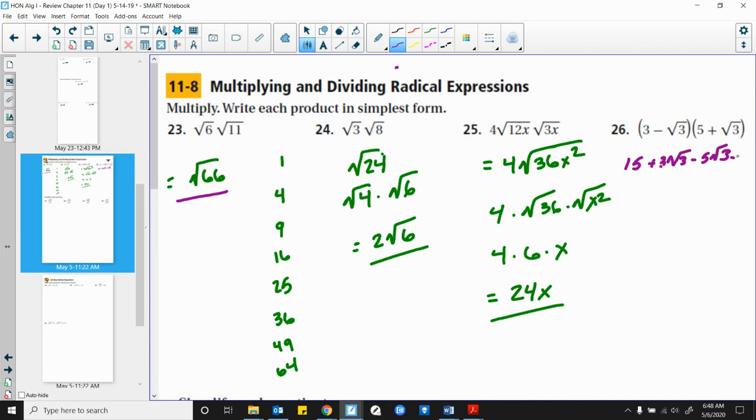And we're going to get minus radical 9 because 3 times 3 is 9. Okay? Then it becomes a little bit of simplifying. First thing I'm going to do is 15 plus, and then if we get 3 radical 3 minus 5 radical 3, I'm not going to simplify that yet. We'll come back to that one.